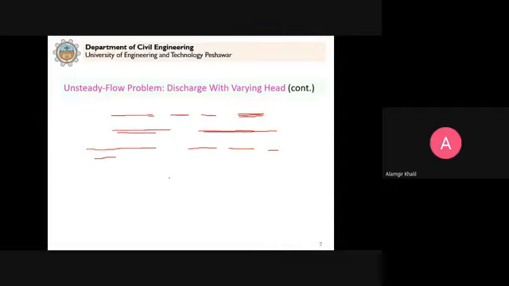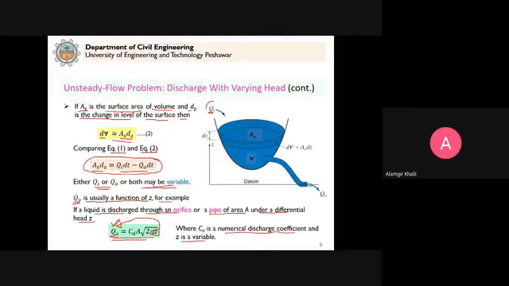We consider only the cases where Qi, the inflow discharge, is 0 or constant. Here, this Qi, we will consider either equal to 0, meaning there is no inflow, or it is constant, meaning any constant discharge is coming to the tank.